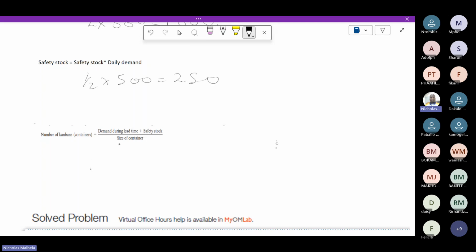Then you come here, the demand of 1,000 plus the safety stock of 250 over the EOQ of 250.